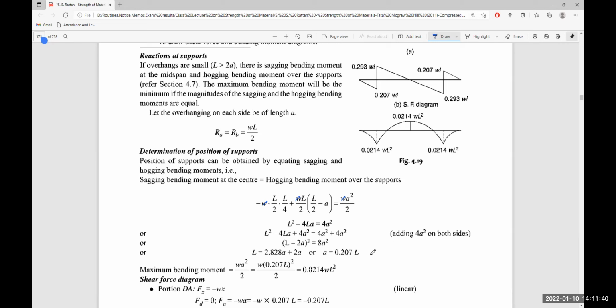And the bending moment, if we put in the value of the maximum sagging moment, will be w times 0.0214 L squared.